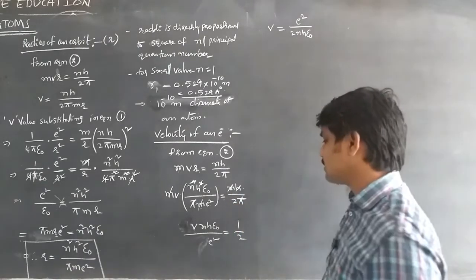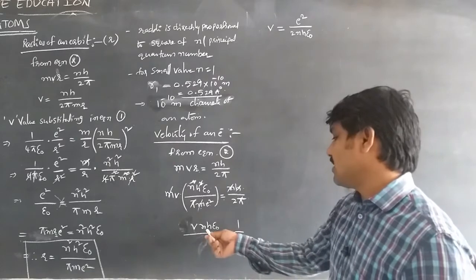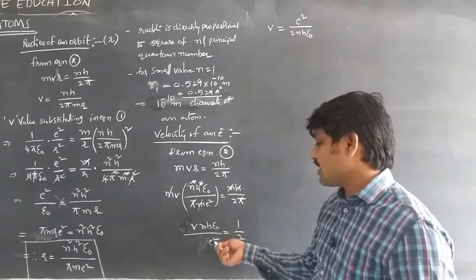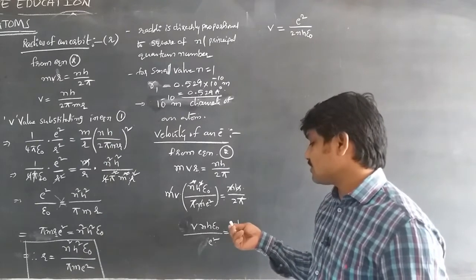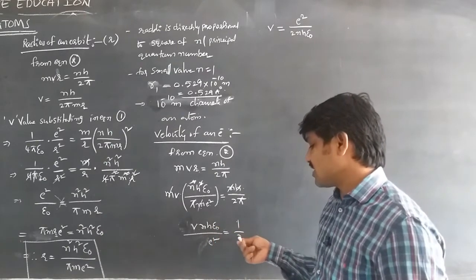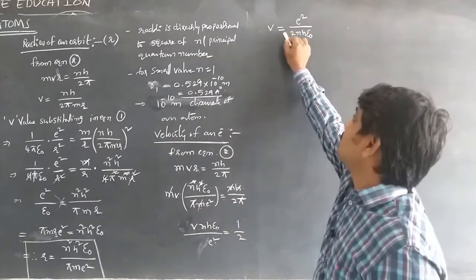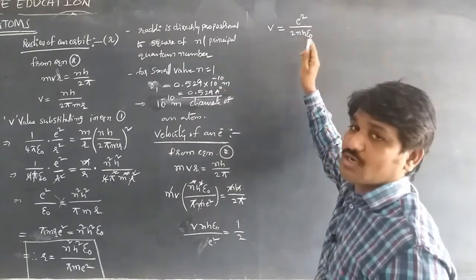By cross multiplying, n h epsilon naught taken to the other side becomes 2 n h epsilon naught in the denominator, and e square becomes the numerator. So v is equal to e square by 2 n h epsilon naught.